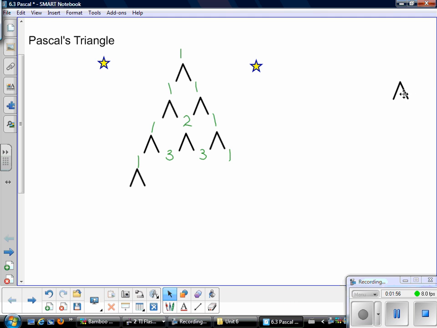And the pattern just repeats itself forever and ever, really, if you wanted to do it that long. So the next one would be, again, I start with 1. I get this middle term by adding these two terms together. I get the next term by adding them. Again, adding, and finish with a 1.